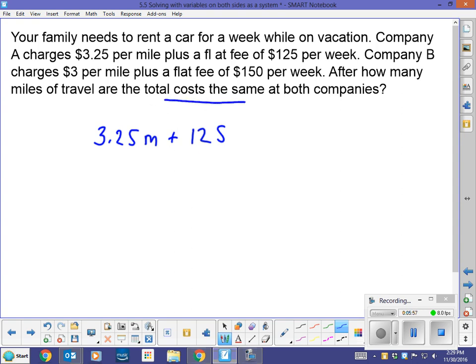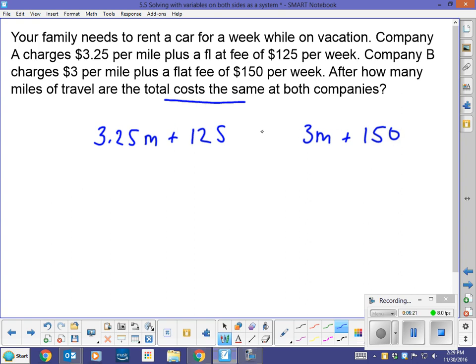Okay, now remember these expressions. Let me do the expression for company B. $3 per mile plus $150 per week. Now these expressions represent dollars, right? So when it says the total costs are the same, that's what we're talking about. This is a cost in dollars. This is a cost in dollars.